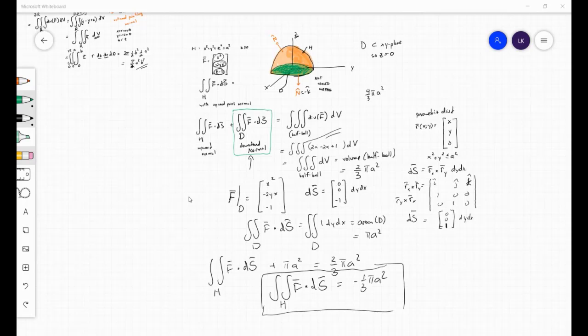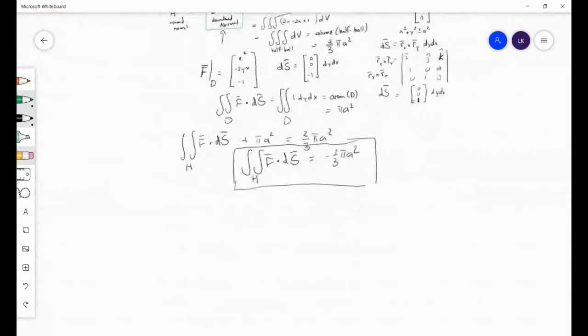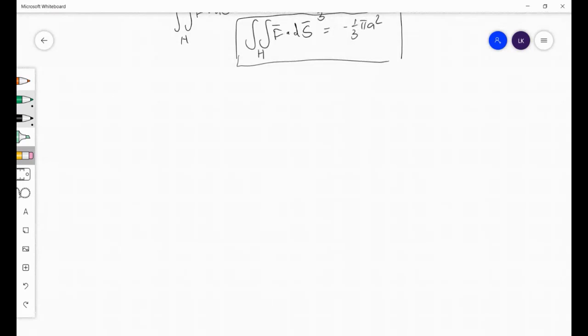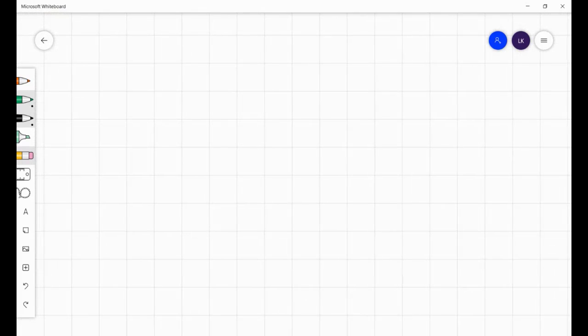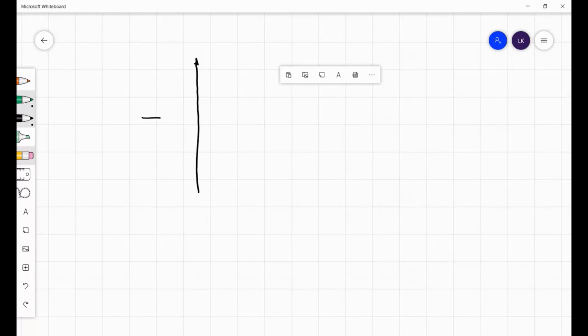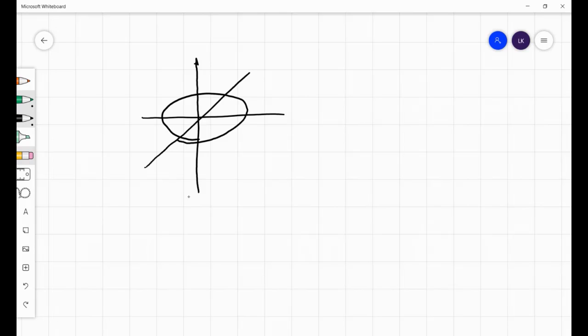Maybe I could, since you're here, give a kind of silly example, but there's an implication of Stokes' theorem.